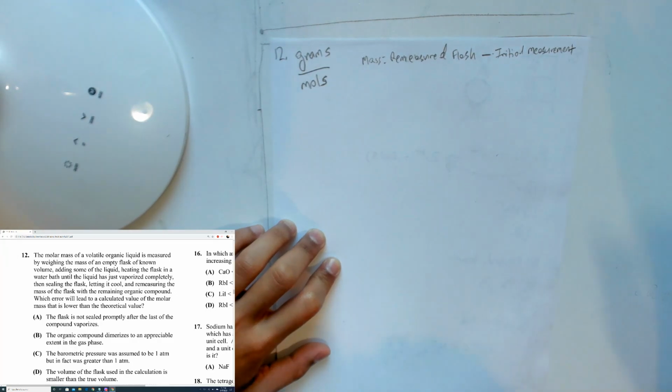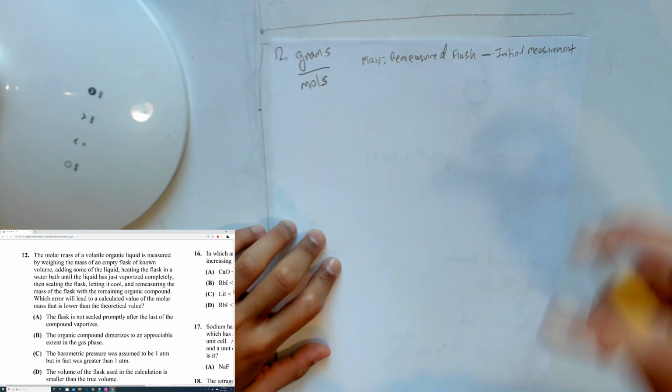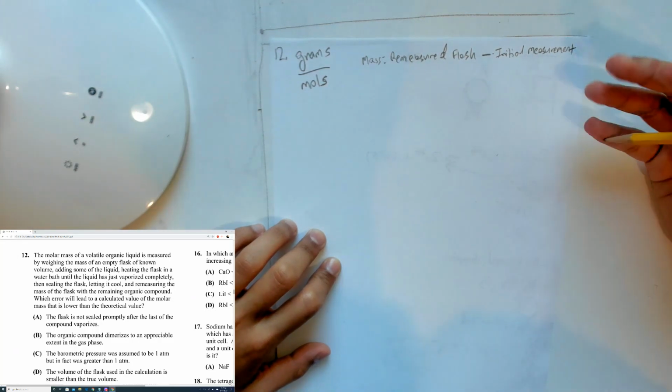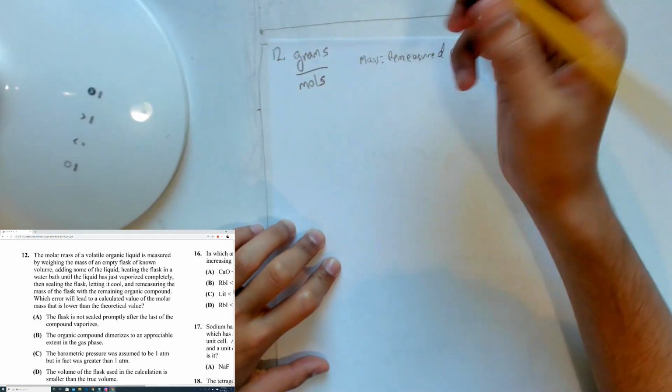By doing that, you find the mass of the remaining organic compound after you seal the flask. So then that's your mass.